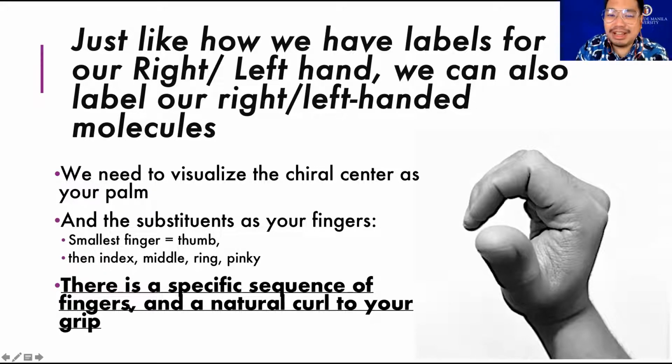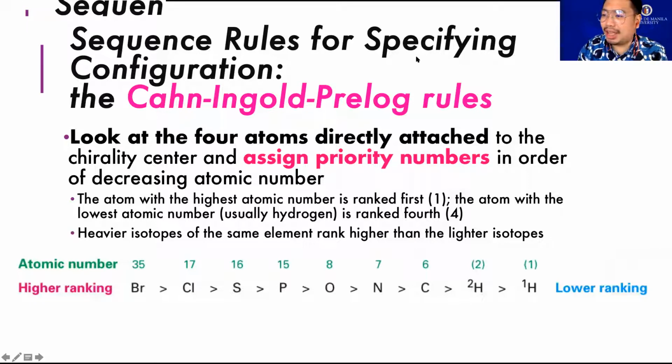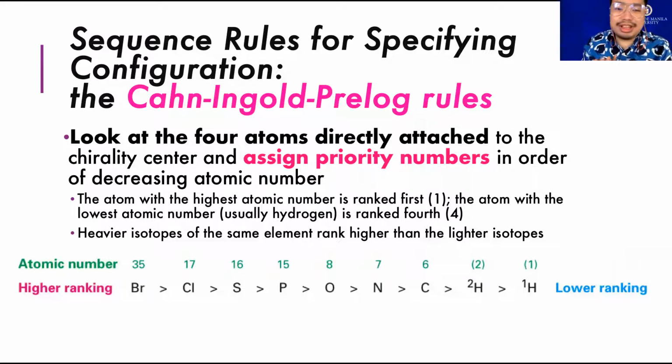Okay, that's okay. What we're going to do now is analyze the 3D structure of molecules using our hands because it's, for me, the most foolproof way compared to redrawing any molecule. Now, here's the thing. We have a name for all the fingers: the thumb, the pointer, the index, the middle finger, ring finger, pinky.